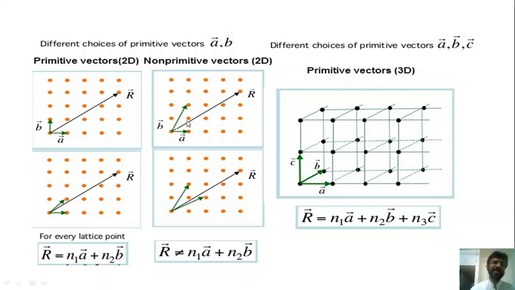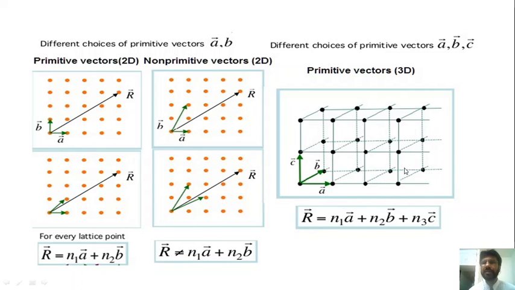Or you can say that some lattice point is inside that unit cell, and due to that, the vectors forming such a unit cell are known as non-primitive vectors. But in this case, all the lattice points are at the corners, so it has the minimum area. So the figure formed by such vectors is known as the primitive type.